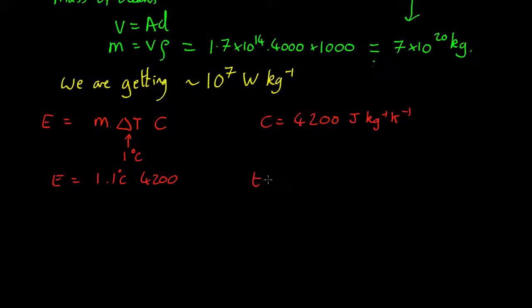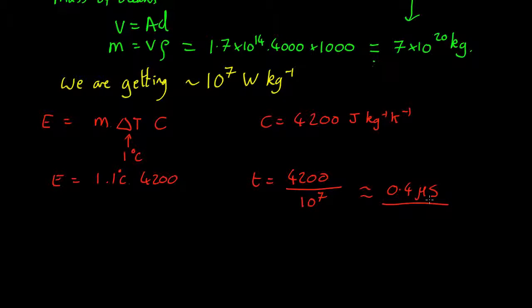So the time is equal to the amount of energy required divided by the power. Which comes out at about 0.4 microseconds. 0.4 by 10 to the minus 6 seconds. So the world's oceans are going to heat up very, very fast.